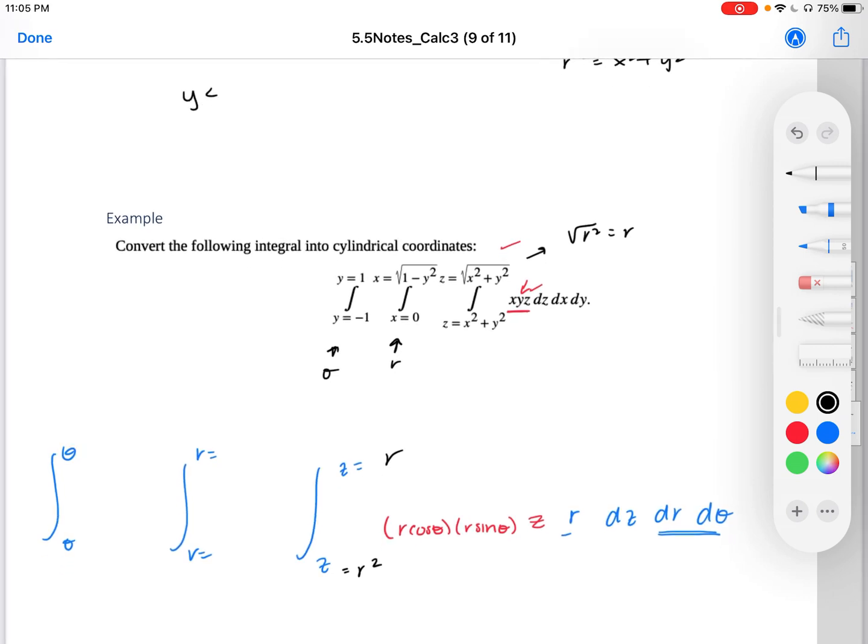So for y, we're bounded with our highest value being square root of 1 minus y squared, and then zero. And then for x, we have that's between -1 and 1. All right, so for -1 and 1, this is 1 and this is -1. So those tell us that our theta is from pi over 2 to -pi over 2.